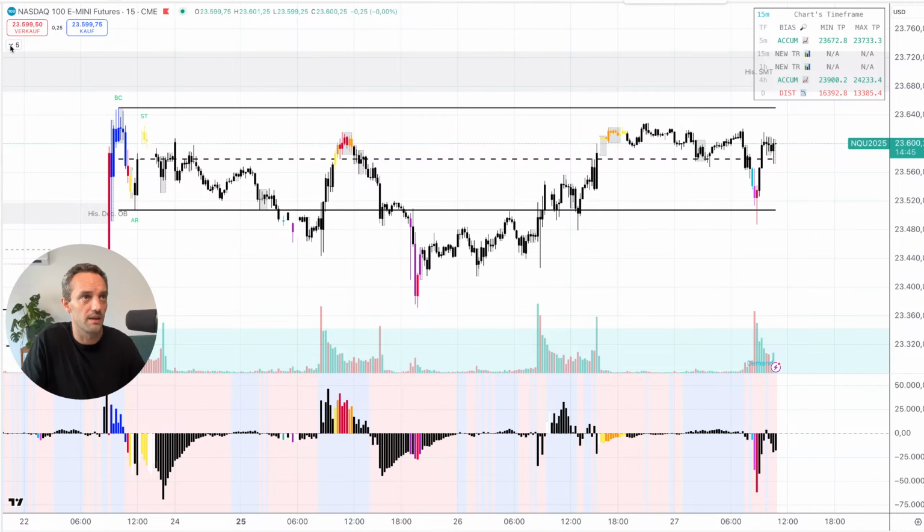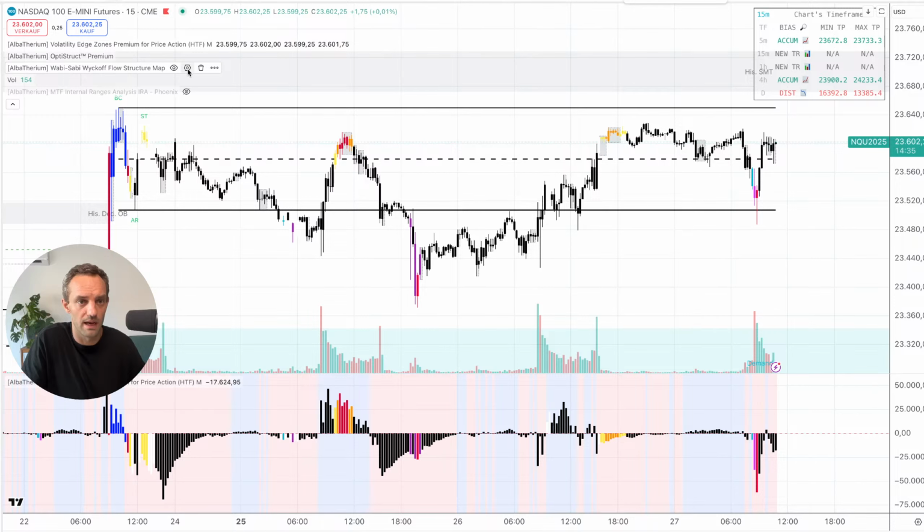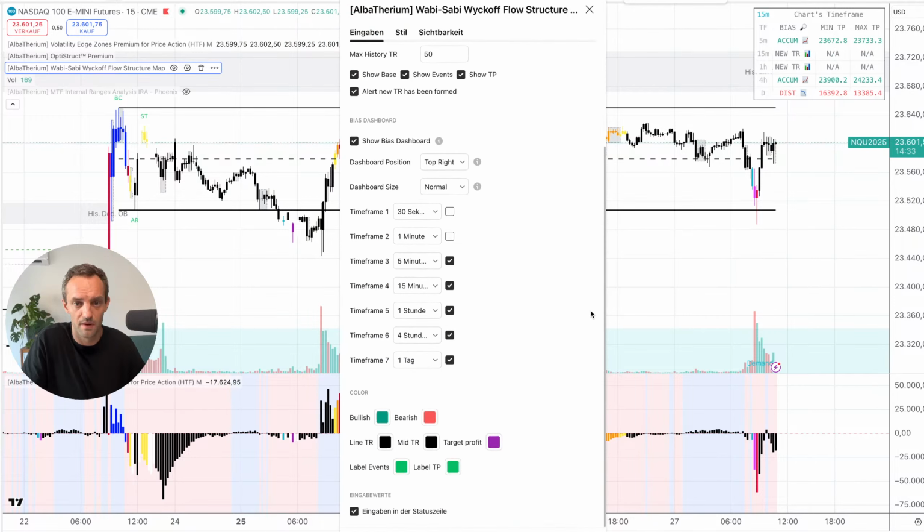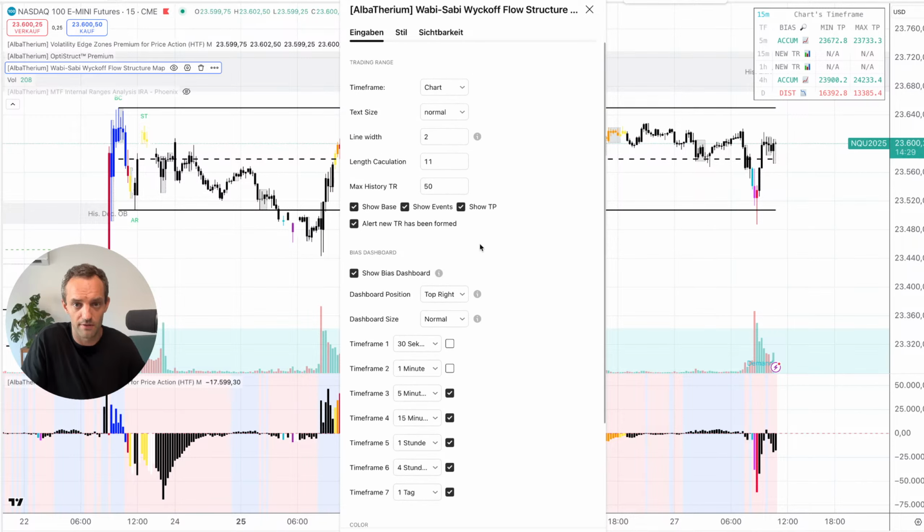Okay, Mr. Leckerschmecker, please send me or send us a screenshot in the Discord channel. I think everything should look the same. Maybe you have it here on the line width. I have 2, and the text size normal.